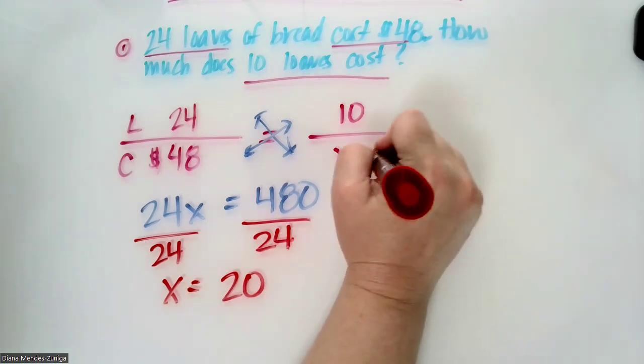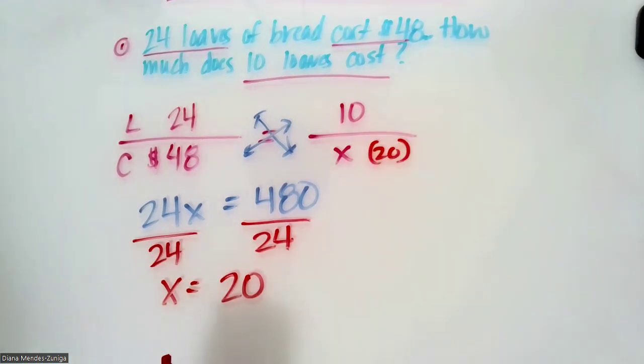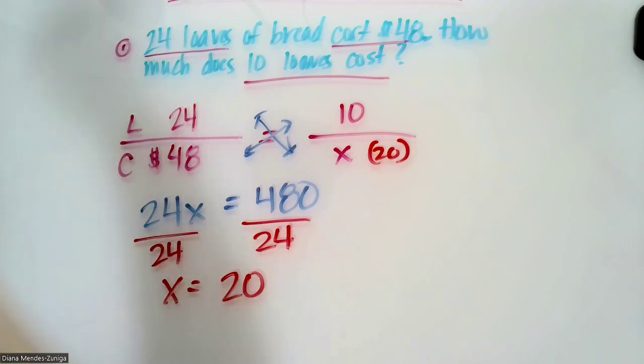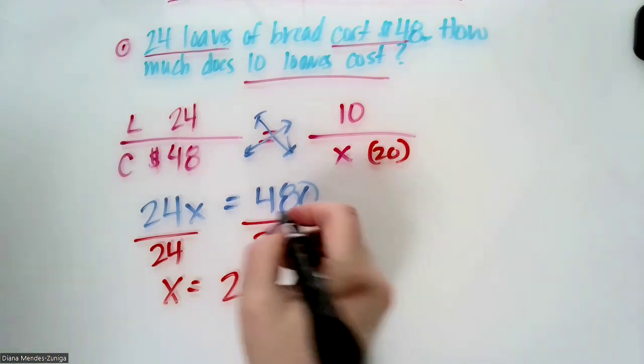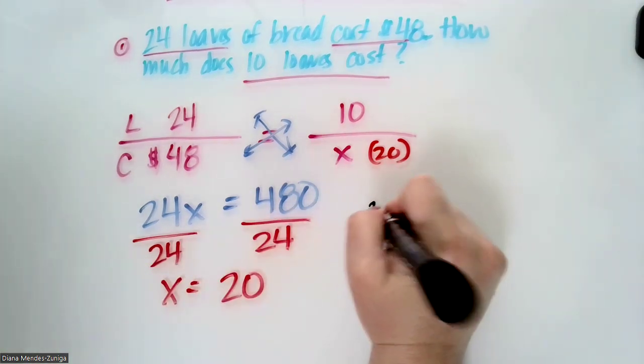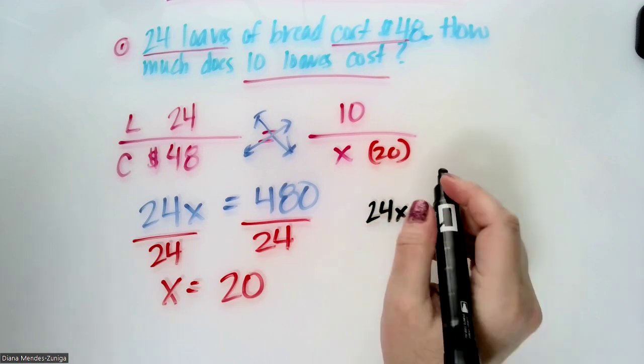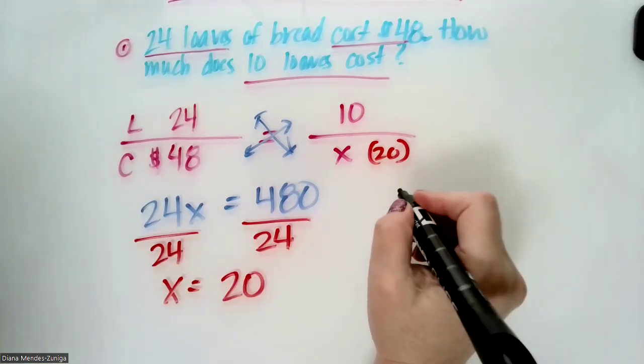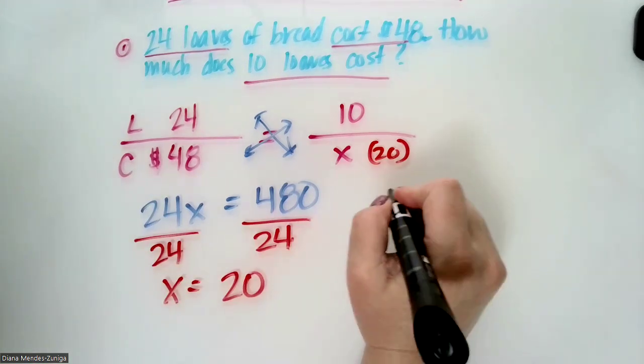So if we plugged in this 20 here, we should be able to test this proportion. Let me get a different pen color here. Let me get black. We should be able to test this proportion right here. We should be able to say, not 24x, where's our original?